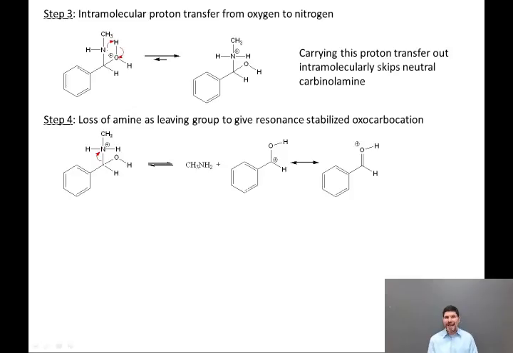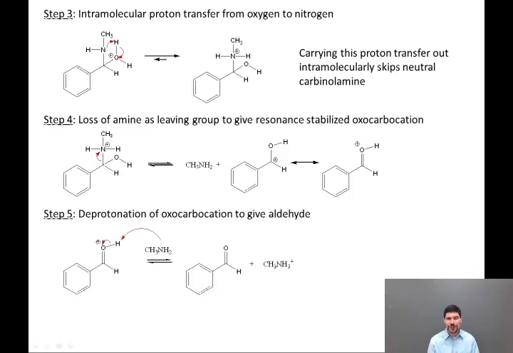So at this point now we're looking at something very similar to hemiacetal or acetal hydrolysis under acidic conditions. We have the oxocarbocation, which can also be thought of, if you look at the second resonance structure, as a protonated aldehyde.